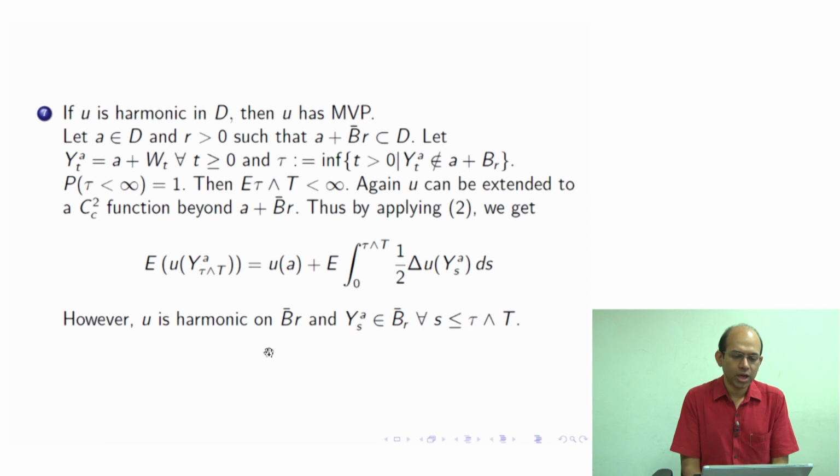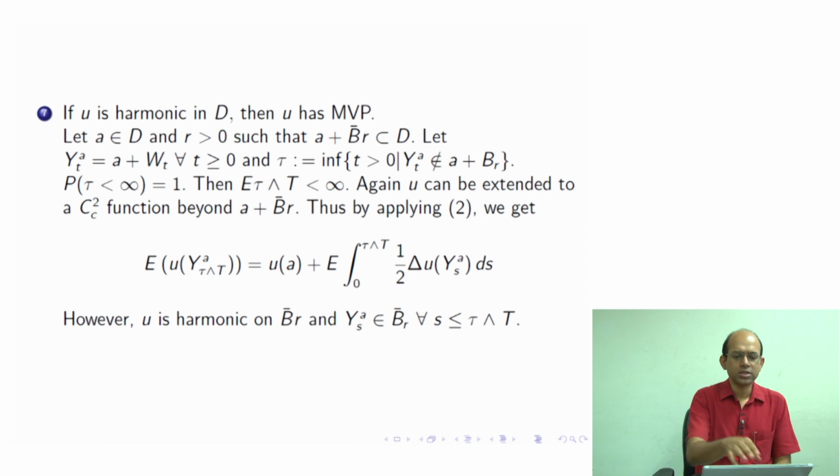Next, if U is harmonic in D, that means U is twice continuously differentiable and the Laplacian of U is 0, then we are going to show that U has the mean value property. For proving this, let us consider a point A in D and R positive such that A plus B R closure is a subset of D. To prove the mean value property, this is the way to do it, because for every point A we are going to show that the mean value property is true.